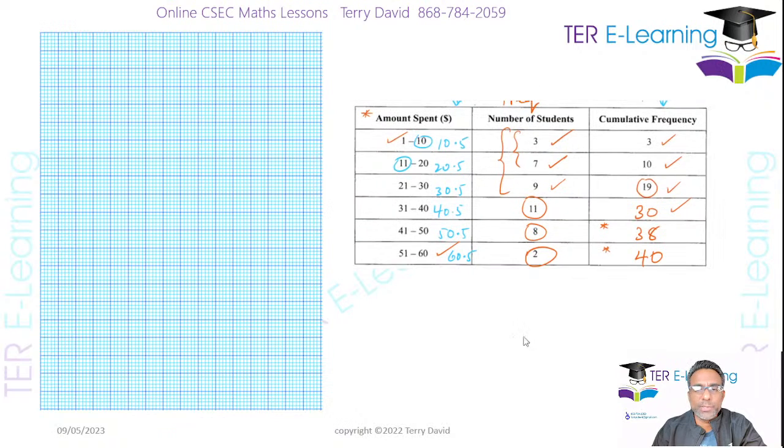Right, so this is the data that we're using to plot the graph. We already know the scale that we're using.